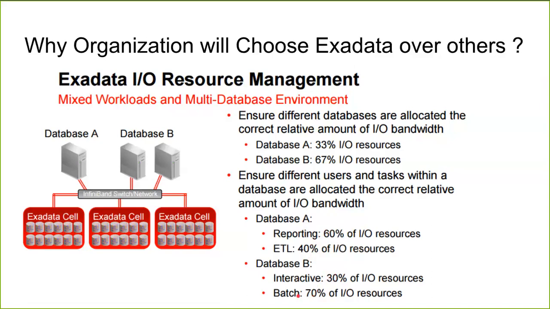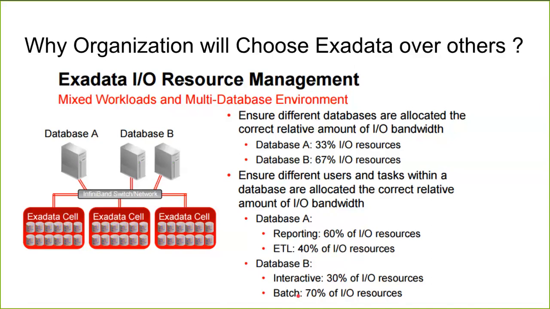Some combination, some formulas. So in the traditional world, we were able to achieve this only at the CPU level. You are not able to achieve it at the storage level because the storage vendors are completely different. If the database server is telling it to give 60% of the resource to this database, the storage server cannot understand this.